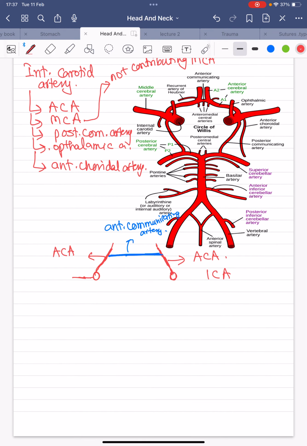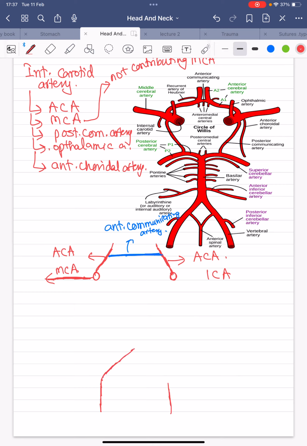From this internal carotid artery, this artery is going here. So this is your middle cerebral artery. Okay, now see the diagram. Here you have the vertebral arteries.